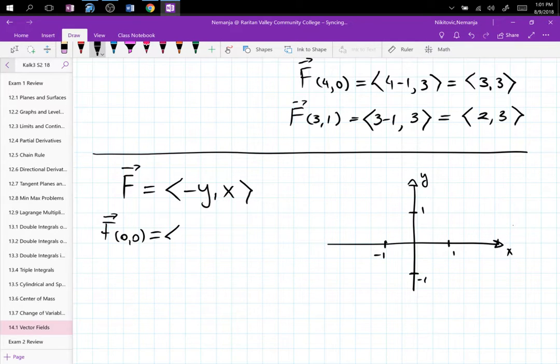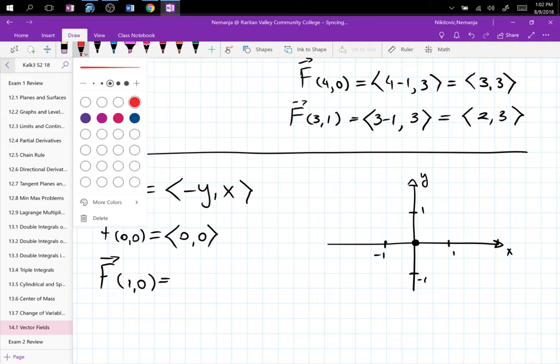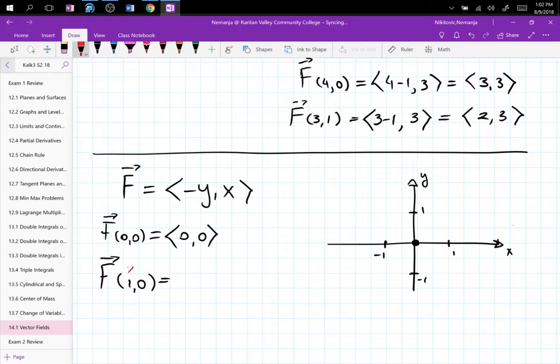That's going to be just the vector (0, 0), so we don't get anything at the origin. It's a zero vector. It's just a dot. Let's do the 4 points that we have on the sides. So f(1, 0). Well, this is a little bit tricky.